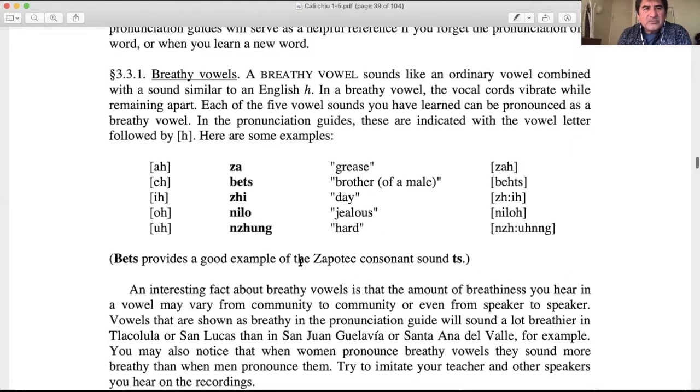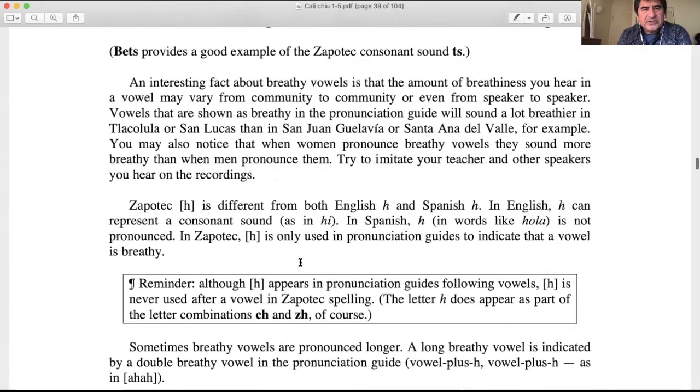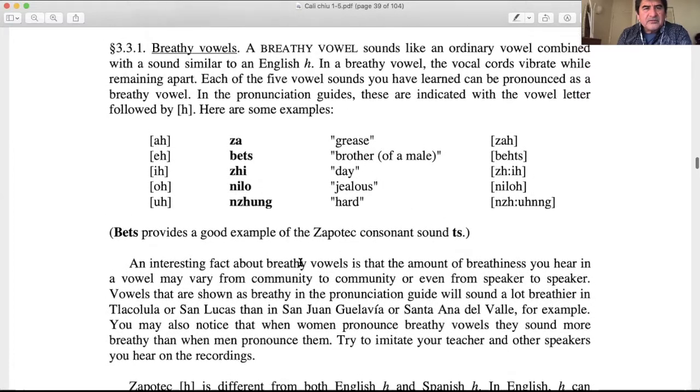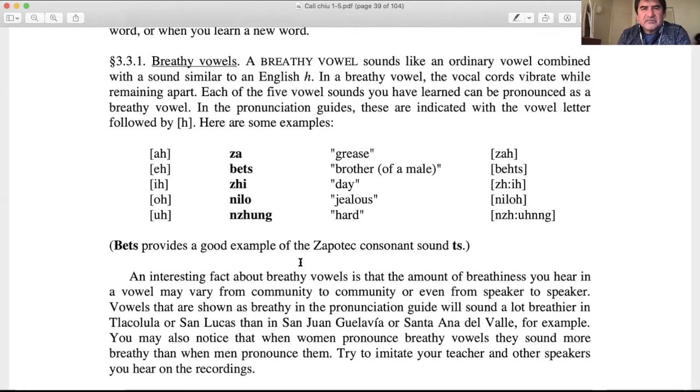So now we're going to move to, we already talked about breathy vowels. Very quickly, breathy vowels are represented by AH, right? Where the H represents the breathiness of it. And also it's kind of this low tone that we find, whereas the plain vowels, just think about it, high tone, it doesn't change, stays very constant.